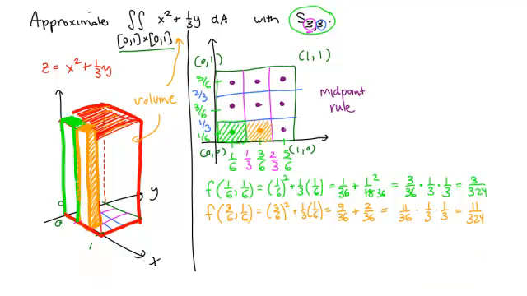I could then move on to this third point, which is (5/6, 1/6). Plug it into the function, we'll find the height of the rectangle. That would be (5/6) squared plus 1/3 times 1/6, or 25/36 plus 1/18, or 2/36, which would give me a grand total of 27/36.